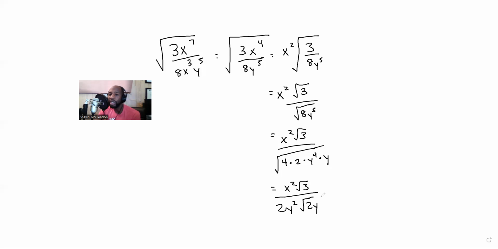So now we need to rationalize the denominator, and we do that by multiplying any root in the denominator by itself, and that automatically gets rid of that radical. So we're going to multiply that times that, and whatever you do to the bottom, you have to do to the top.